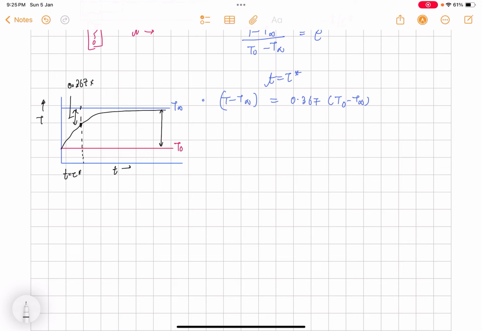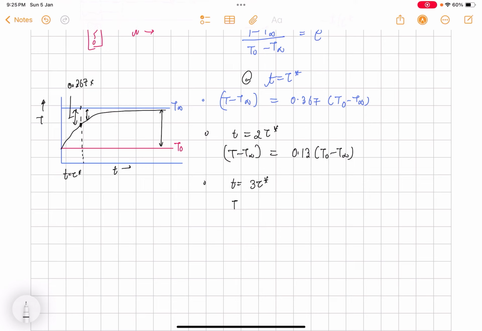If we go further, at t equal to 2 tau star, that difference will reduce further to 0.13 times T naught minus T infinity. The difference reduces as we go further in time.